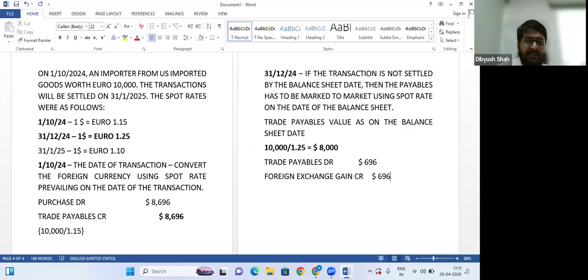Now, the third entry is passed on the date of settlement, the date the cash is actually paid. Again, same thing. Here on this date only, you will go to buy the euros. So whatever is the rate on this date, that is the actual dollars you have paid.